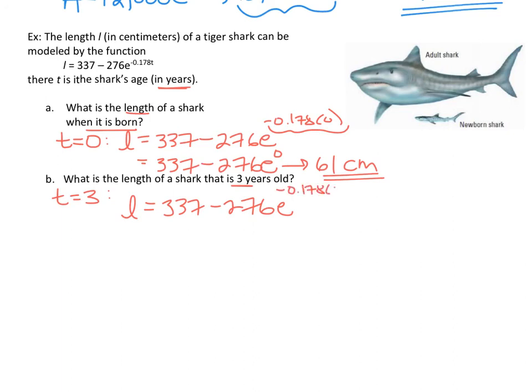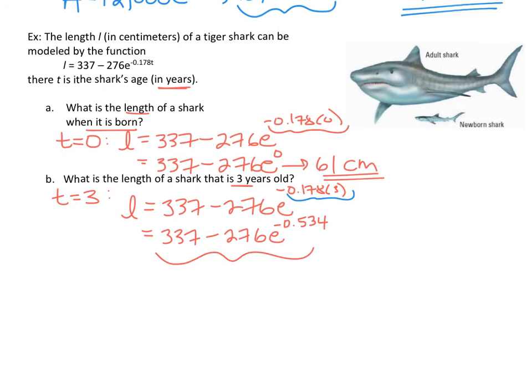I actually want to make sure we enter this in to get the correct decimal before we plug in everything at once. 337 minus 276e. If we take negative 0.178 times 3, I got negative 0.534. So make sure to condense that exponent down to one value and then type that all in at once.